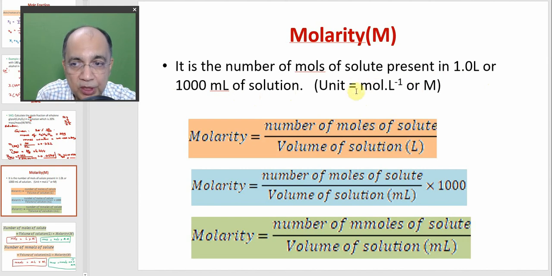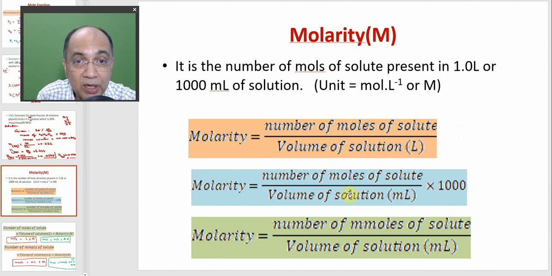These moles is the moles of the solute, and this per liter is the volume of the solution, or capital M. So in expression, molarity is equal to number of moles of solute divided by volume of solution in liters. If you find the volume of solution in liters, then this ratio will give you the molarity.